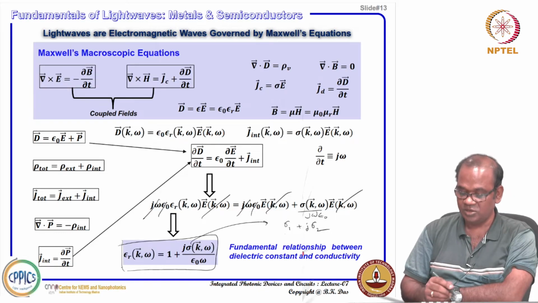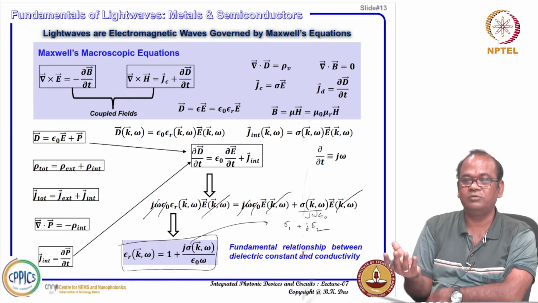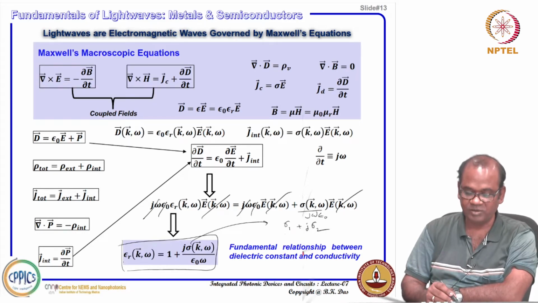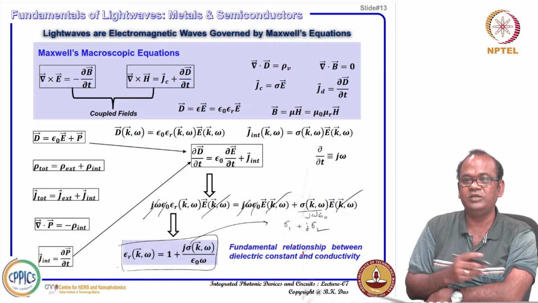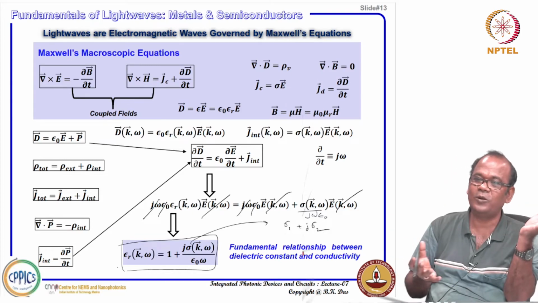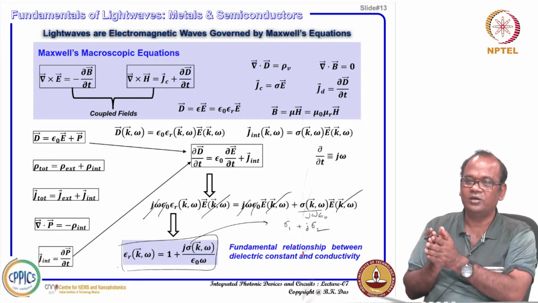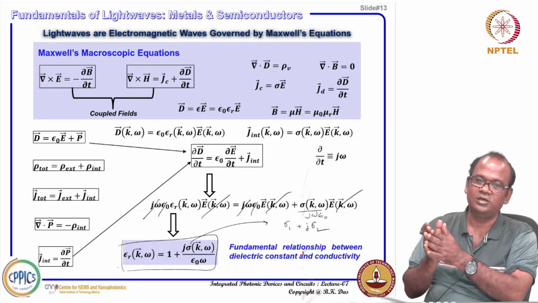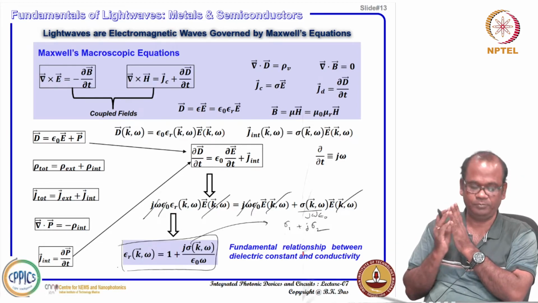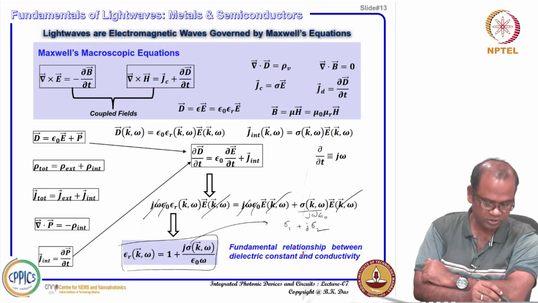So, that means either you need to know the value of sigma, or you need to know the value of epsilon r. Either of them is useful to explain the polarization, internal polarization and electromagnetic wave, whatever the dispersion relations, that I am going to discuss a little while later. Hopefully, it is going well.